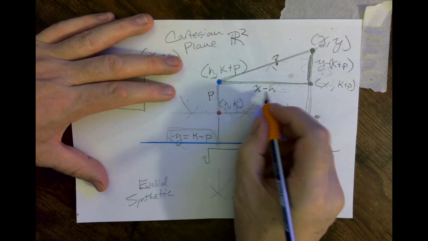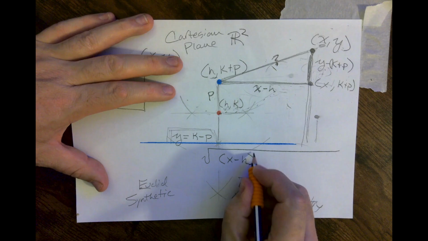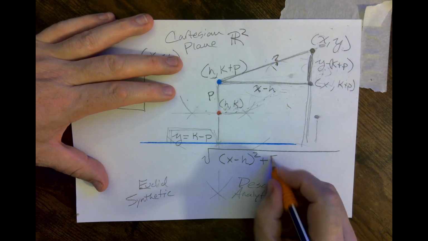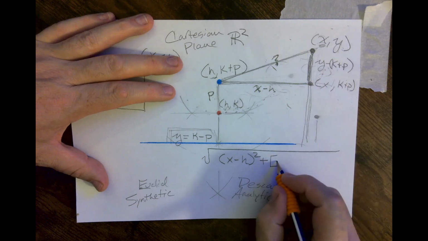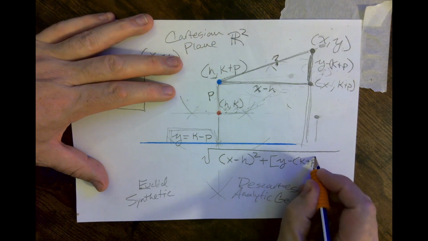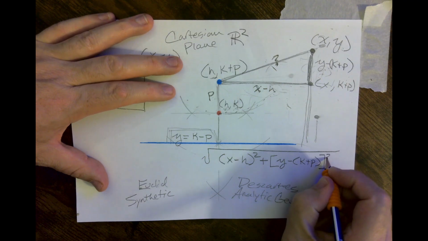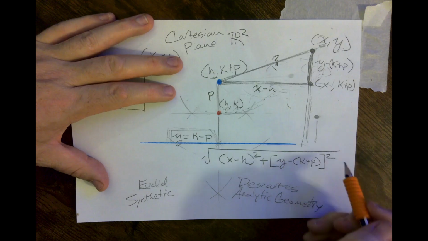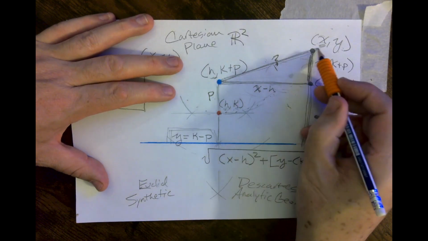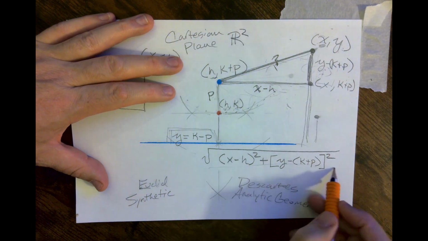There's that square root: x minus h, squared, plus this quantity, y minus (k plus p), squared. We took the square root, so this distance is that.